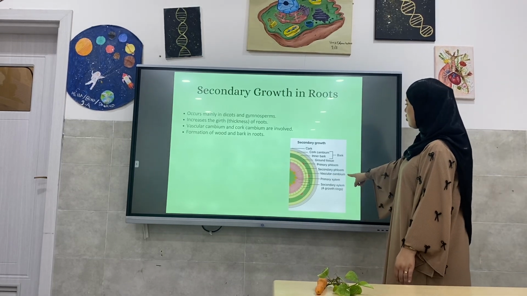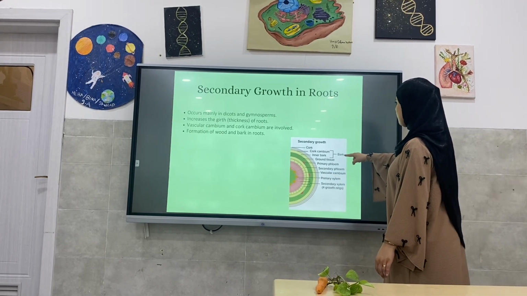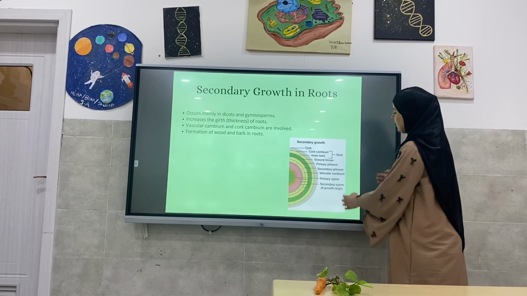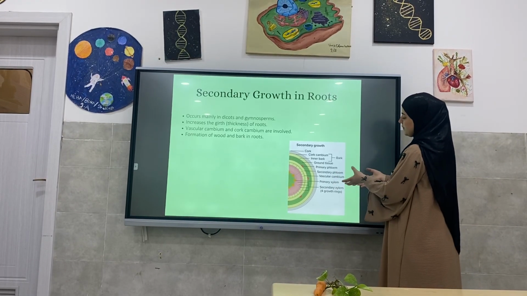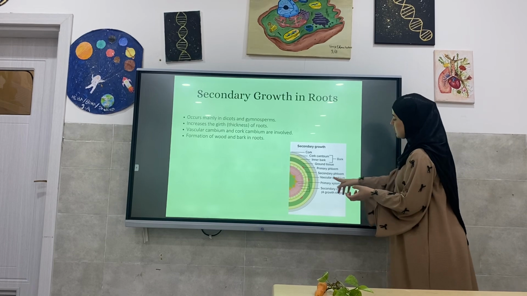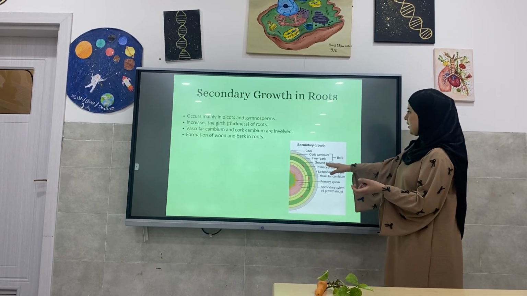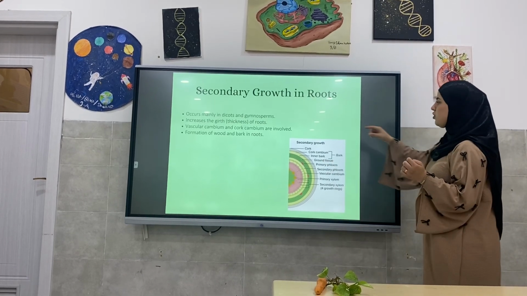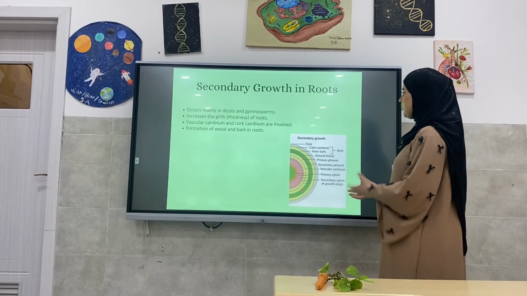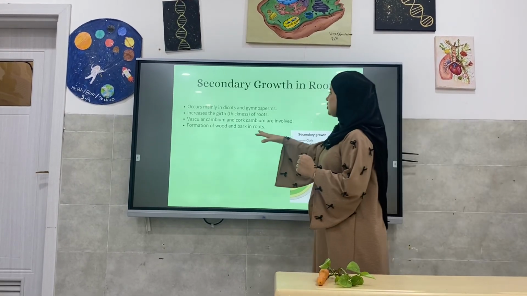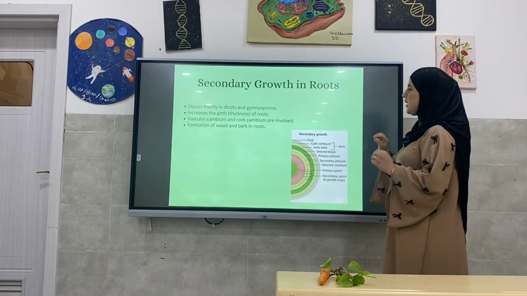The vascular cambium and cork cambium are involved. It means it will grow vascular cambium and ground tissue cambium, cork cambium. In the secondary growth, growing formation of wood and bark in root.